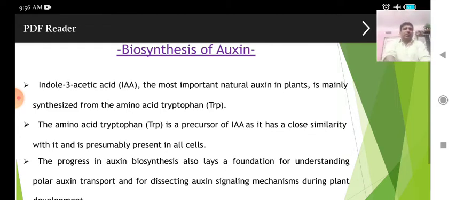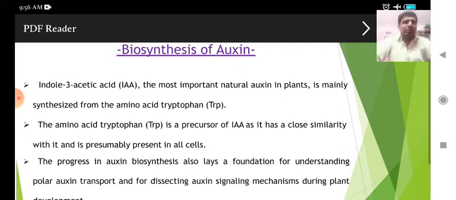In this biosynthesis, indole-acetic acid is the most significant, most important natural auxin in the plant. It is mainly synthesized from the amino acid tryptophan. So in the synthesis of auxin, there is a major role of the amino acid tryptophan.